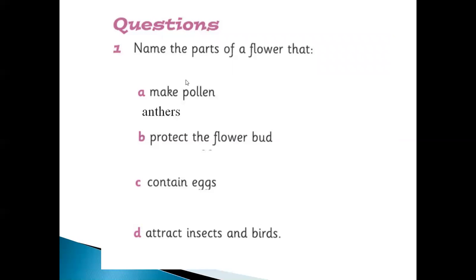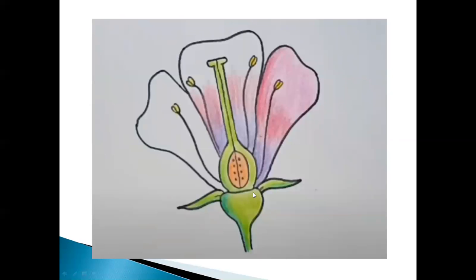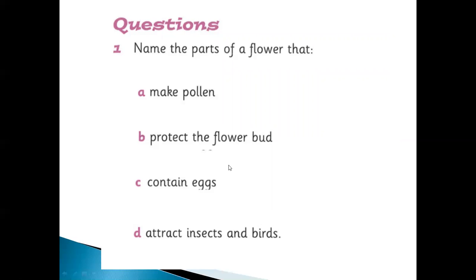Next, which part protects the flower bud? I show you this green part, like a leaf colour, that protects the flower bud. What is its name? Sepals. So the anther makes pollen, and the sepal protects or takes care of the flower bud.